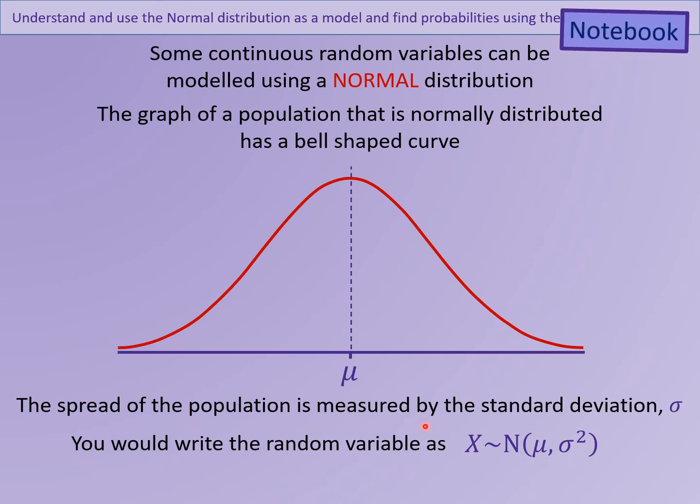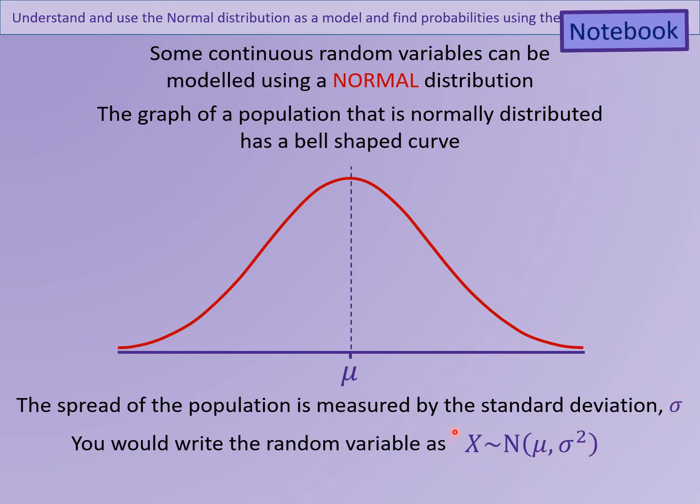When you write the normal distribution, you write it like this. X is distributed normally, so it follows a normal distribution, with a mean mu, so whatever the mean is, and a standard deviation squared. Now, standard deviation squared, as you've seen previously, is what's called the variance. So the standard deviation might be this symbol just here, what's called sigma, but the variance is sigma squared.